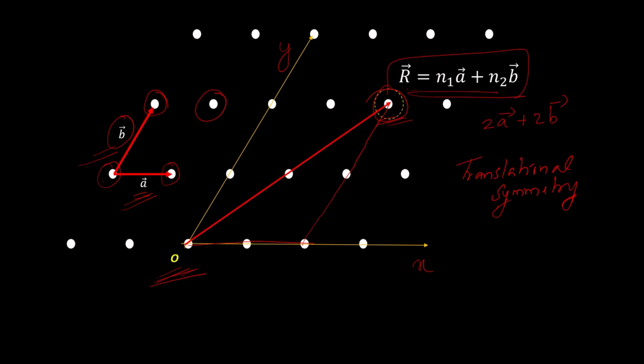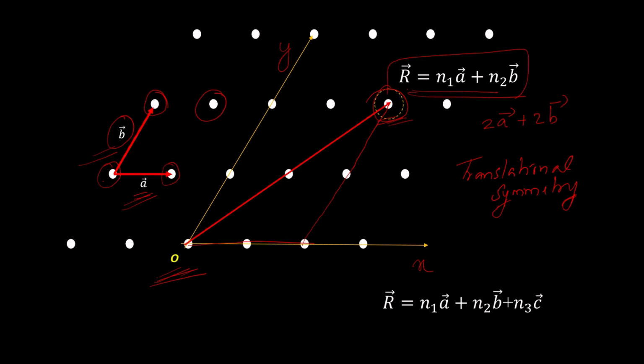Now this idea can be generalized to a three-dimensional lattice, where the position vector of any lattice point can be specified by an expression of the form like this. If you imagine a three-dimensional arrangement of the lattice points like this, you will have one more set of lattice points positioned along the vertical or perpendicular direction.